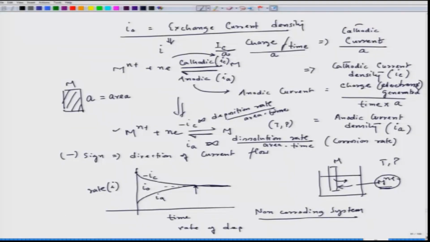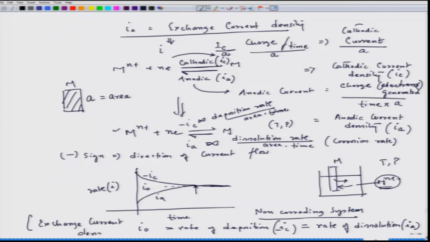At that time the rate of deposition, I_C with a minus sign because it is opposite to the anodic current flow, is equal to the rate of dissolution, which is I_A, and that situation is called I_0, the exchange current density.